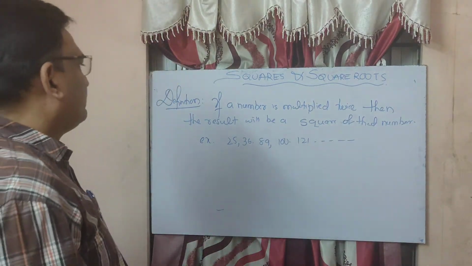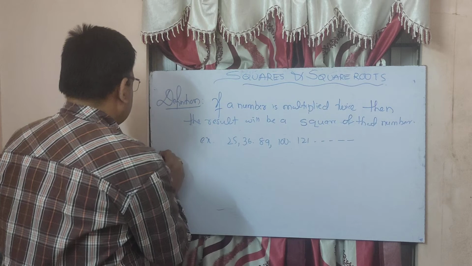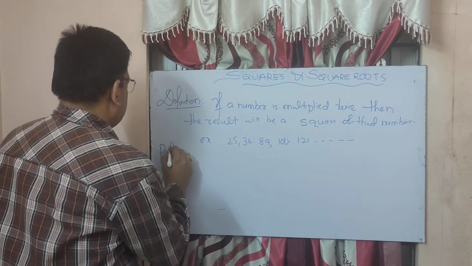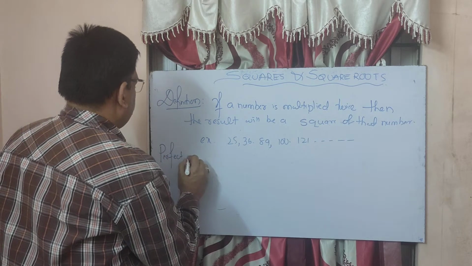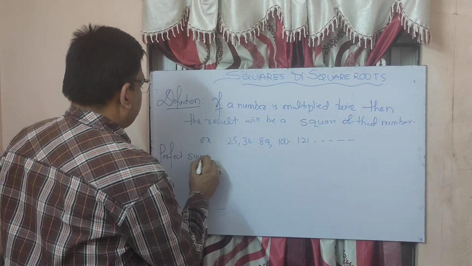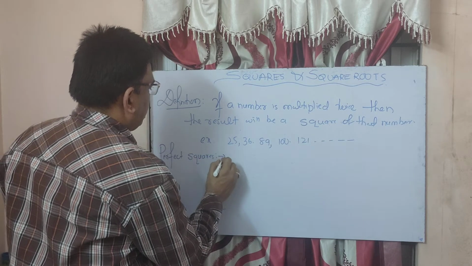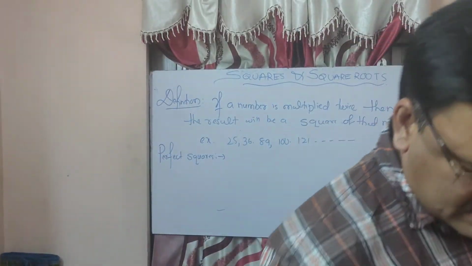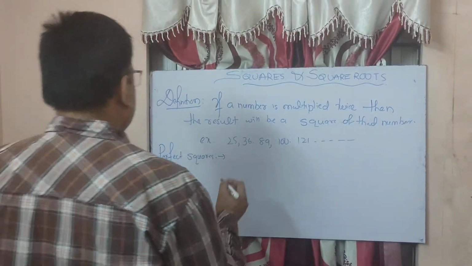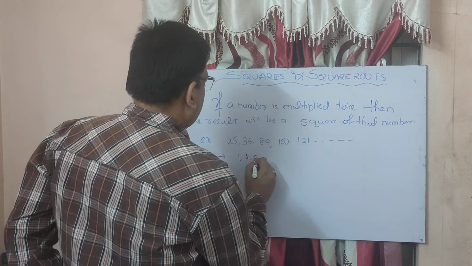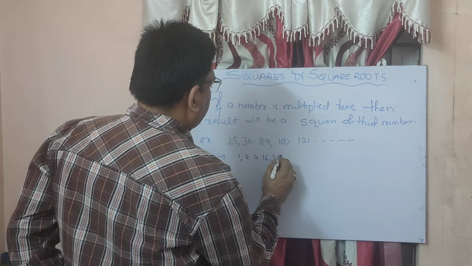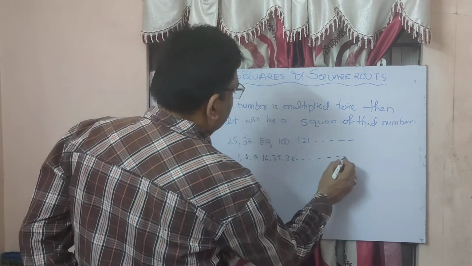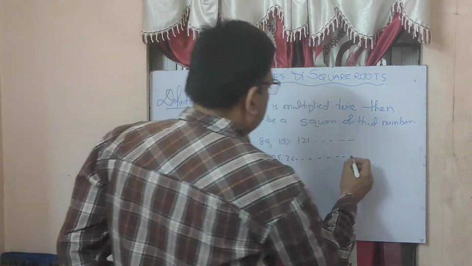Next one is perfect squares. So what are perfect squares? 1, 4, 9, 16, 25, 36, and so on.